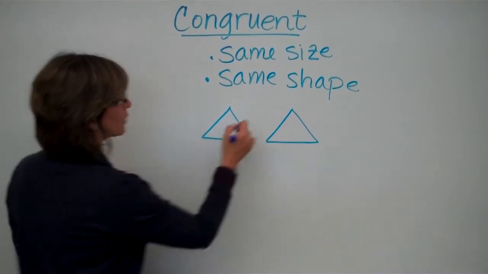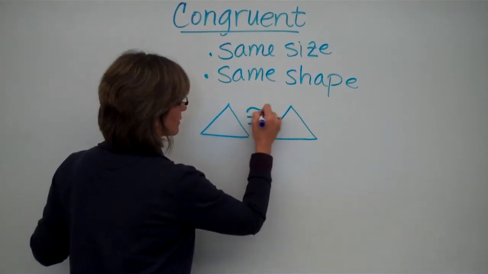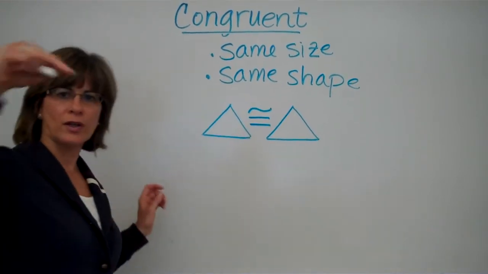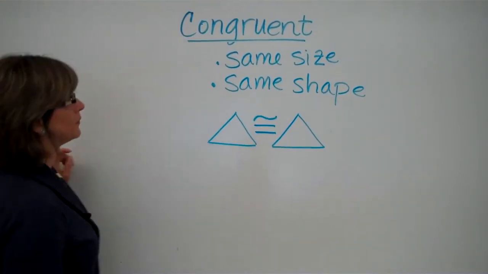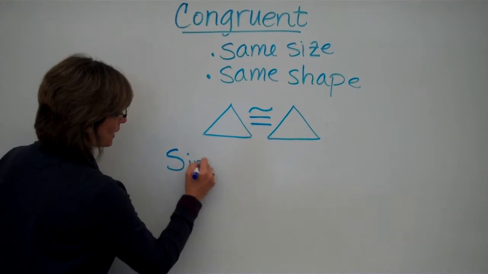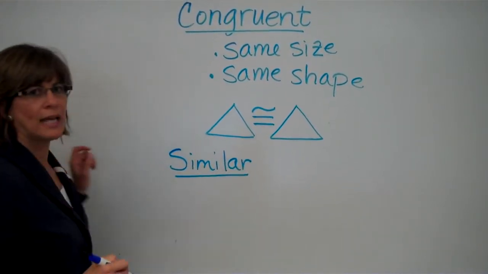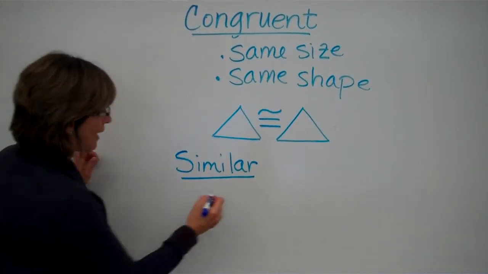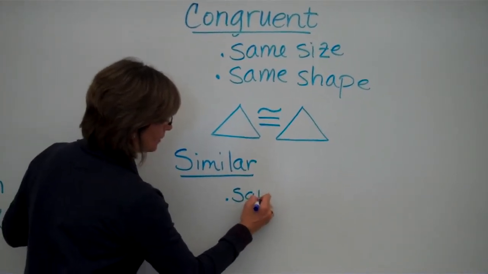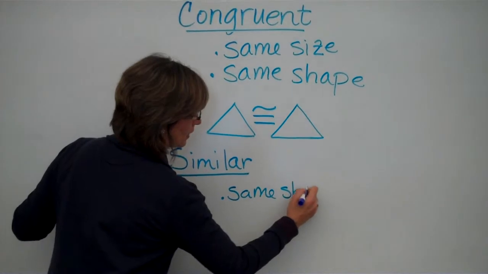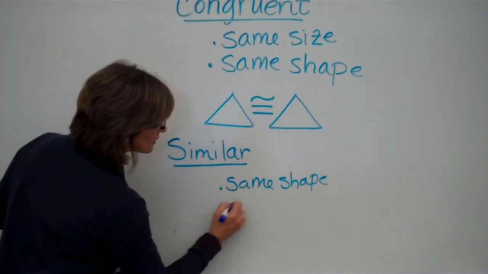The symbol for congruent looks like this. It's an equal sign with a curvy line above it. The second way we can compare polygons is to call them similar. If they're similar, they have the same shape, but they are a different size.